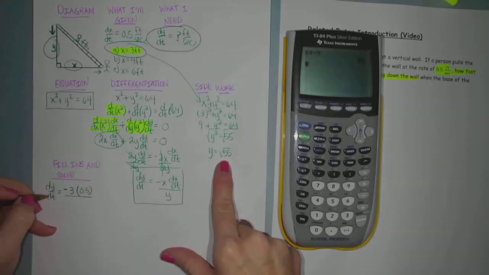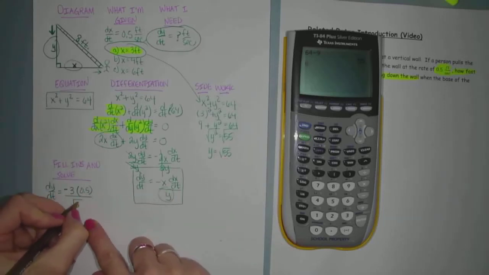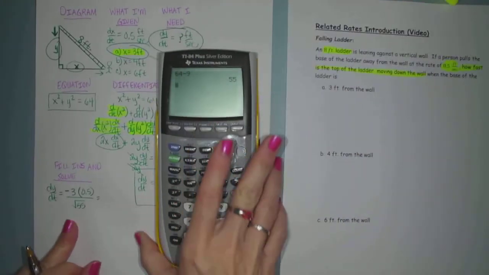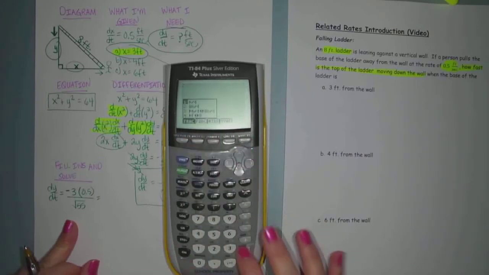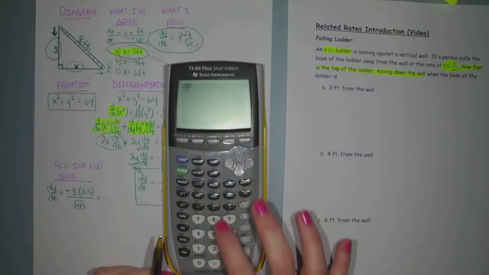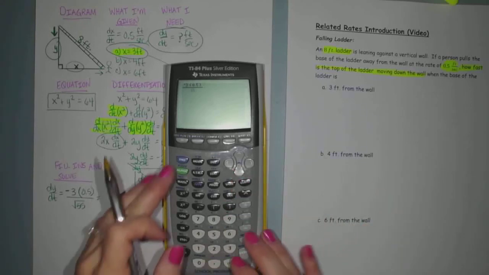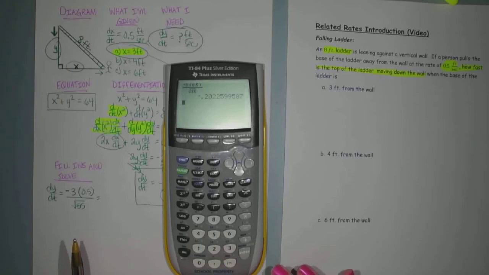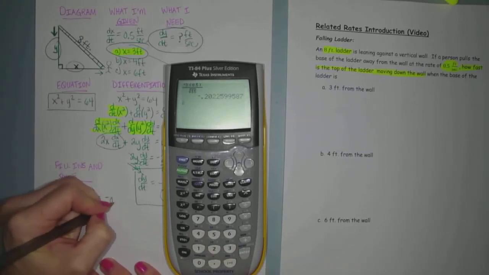So for this y right here, I'm going to plug in the square root of 55. Now, if I put this into my calculator, hope you can see it there. I've got alpha y equals, get my fraction, negative 3 times 0.5 over the square root of 55. So dy dt is negative 0.202.